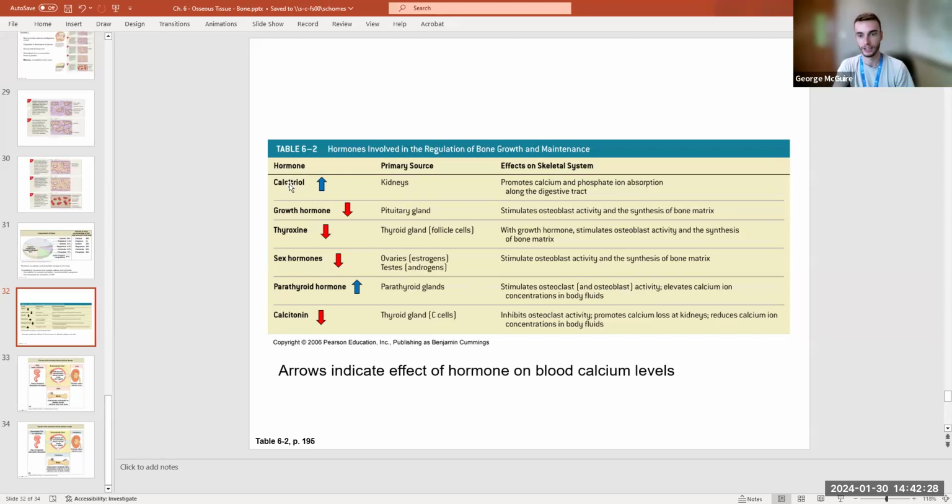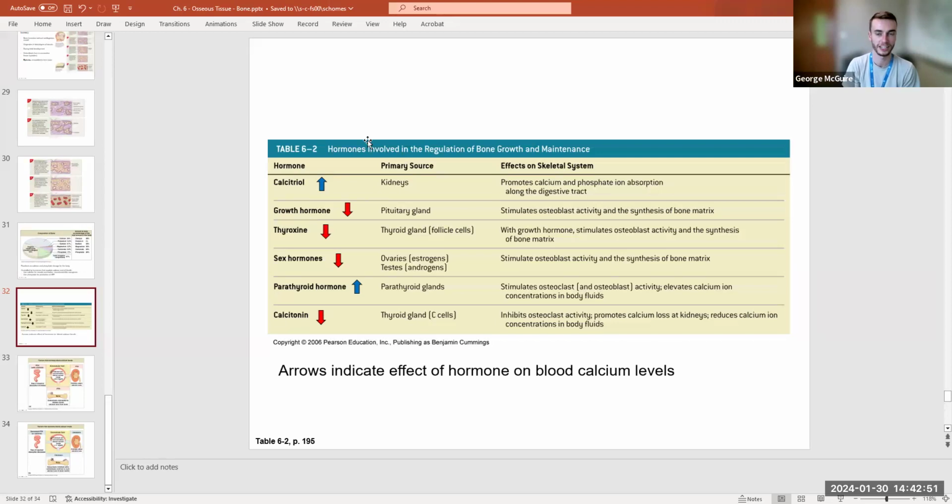So we do have multiple hormones to look at here, and a couple figures that exemplify their effects pretty well. But calcitriol, again, is vitamin D. This is the active form of vitamin D. So after you've been exposed to the sun or get vitamin D through your diet, that inactive or immature version of vitamin D needs to eventually be activated into calcitriol through the kidneys.